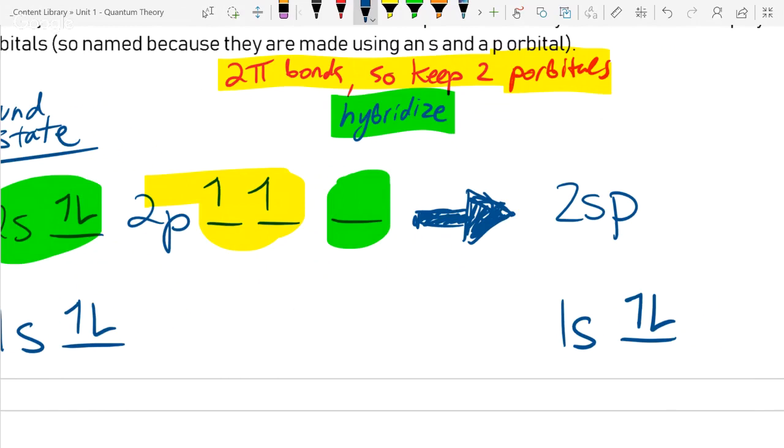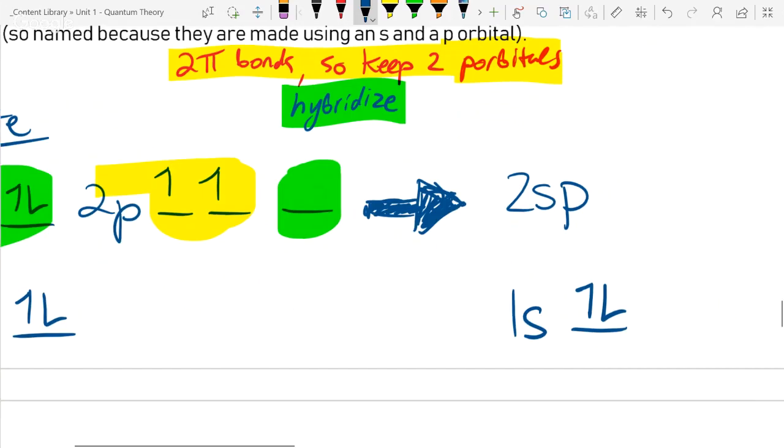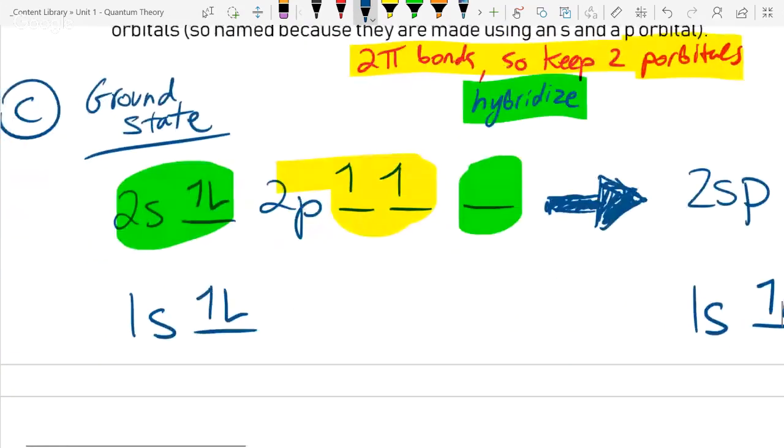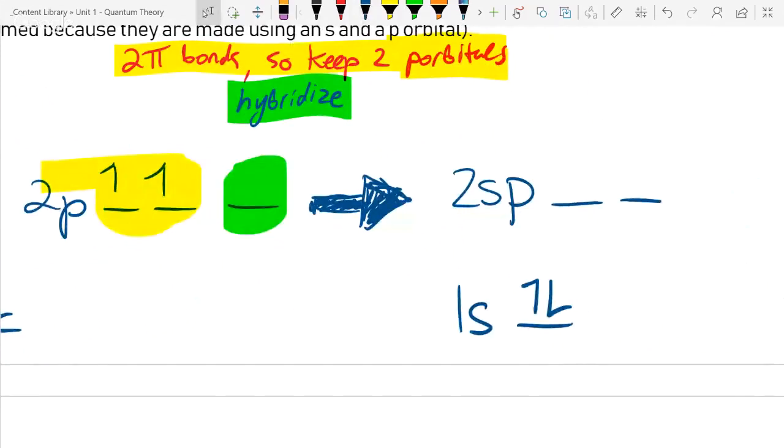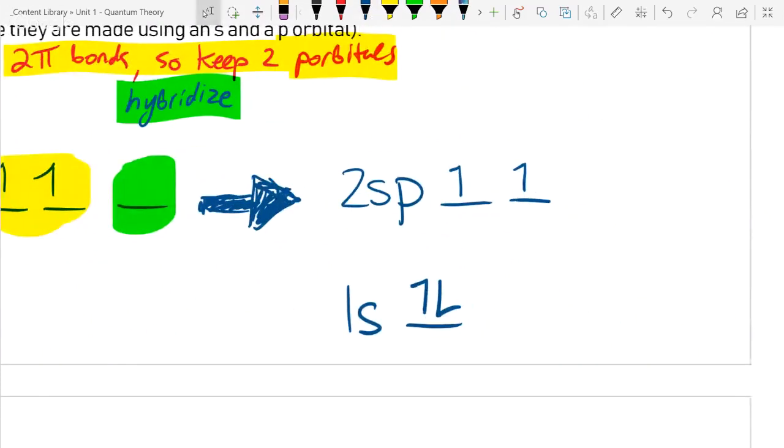Now, we've taken an s, we've taken a p. When we put them together, we will get how many orbitals? Two. How many electrons did we have between those 2 orbitals? Two. But now we're following Hund's rule, so we're going to put them in how? Very good. And then what did we not hybridize? That's right.